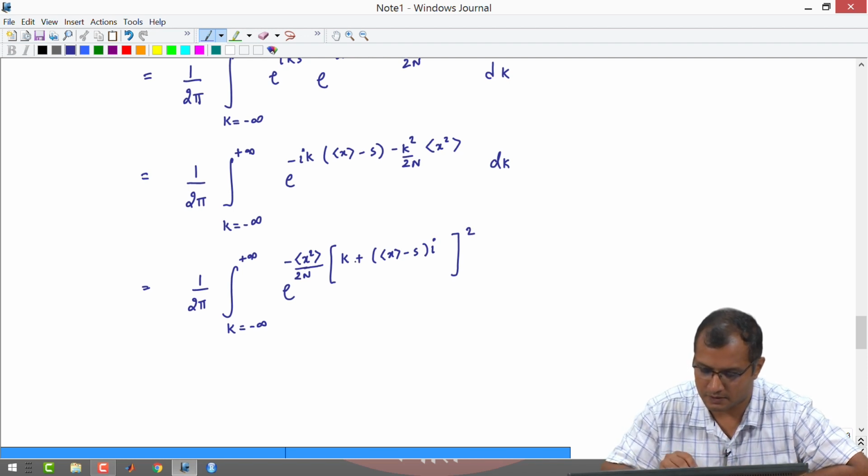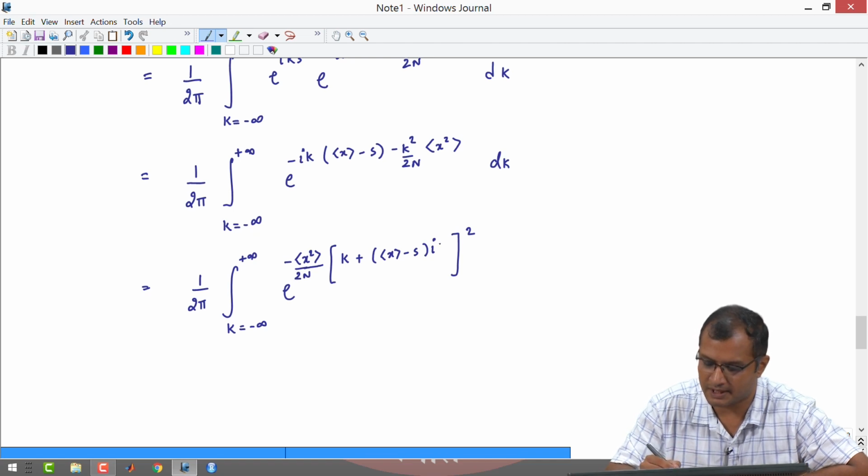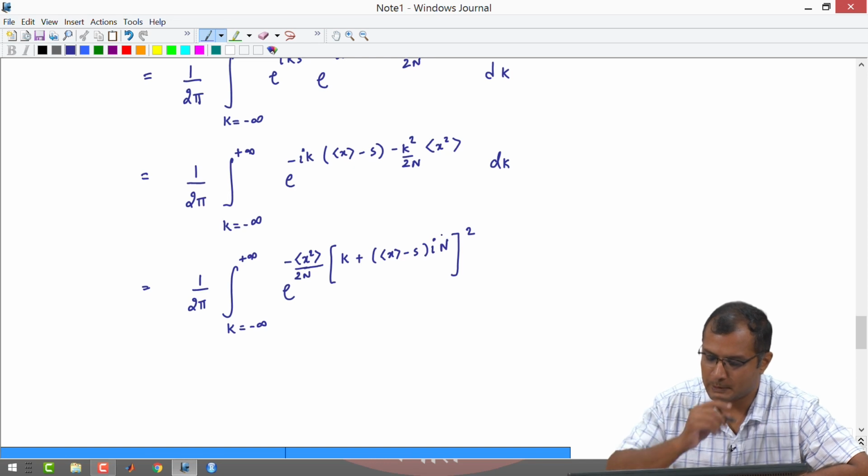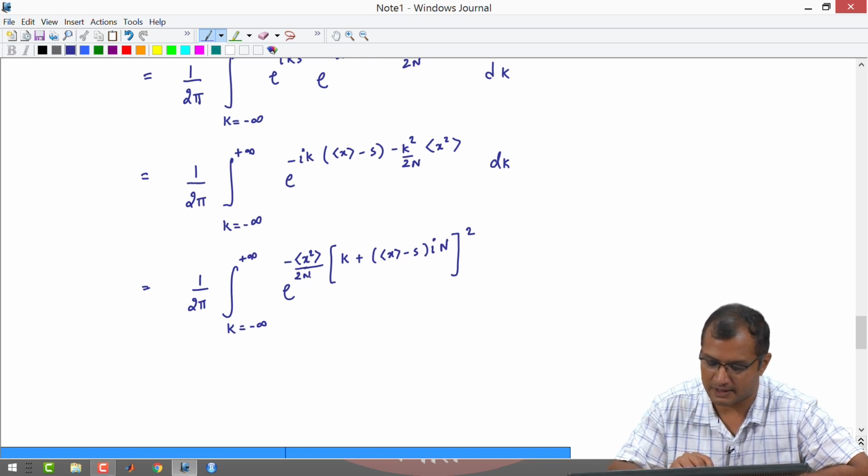So the k square term will give me a second term here, twice of ik with a minus sign becomes minus 2ik, and I have a 2 here outside, so it gets cancelled off, but I need an n here because I had to cancel the n here.